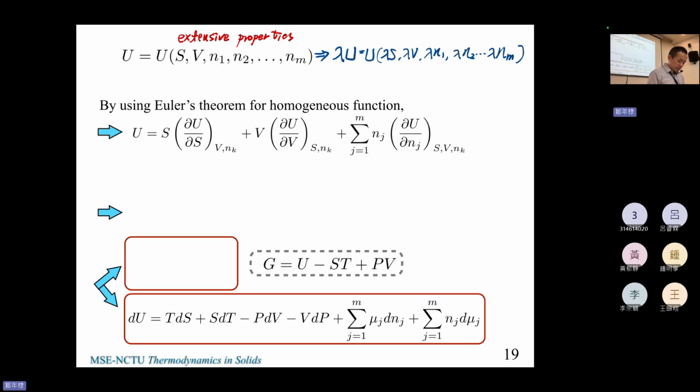In mathematical terms, we call that a homogeneous function, 均值函数. Okay, and then we name this equation 1.